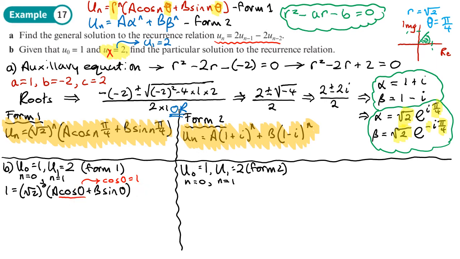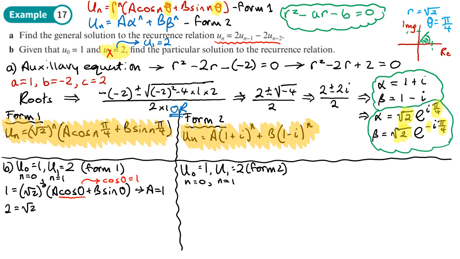So I'll just put that over here in black. A equals 1, and then forming our second equation, that will be using u1 equals 2. So here we'll have 2 here, and anywhere we see n, we put 1.